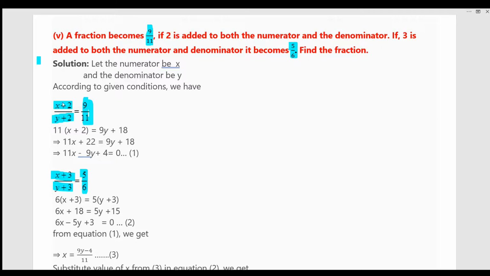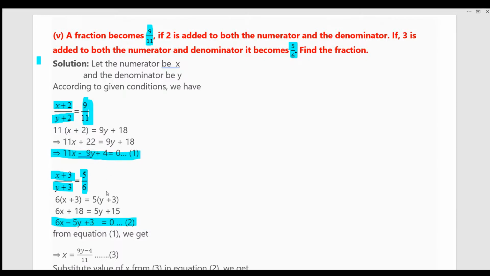So how will we get the equations? I will cross multiply and then my equation will be 11x minus 9y plus 4 is equal to 0. This is my first equation. In the same manner, I will solve this, x plus 3 upon y plus 3 is equal to 5 upon 6. Cross multiplication will be done and then the equation is 6x minus 5y plus 3 is equal to 0.